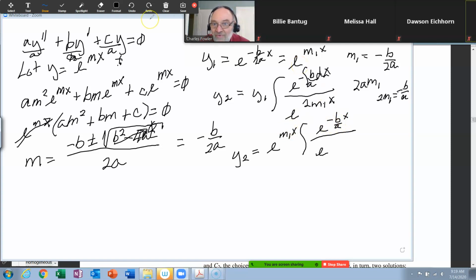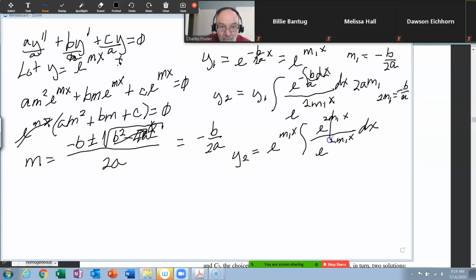So using that substitution then, sorry about that. This would be 2m1 over 2m1x, and this we had was 2m1x dx. I left that off here.